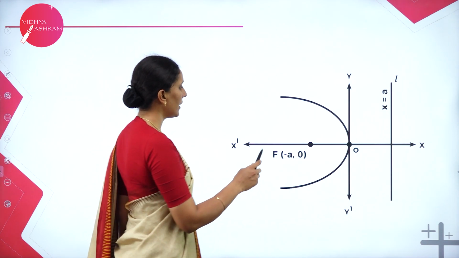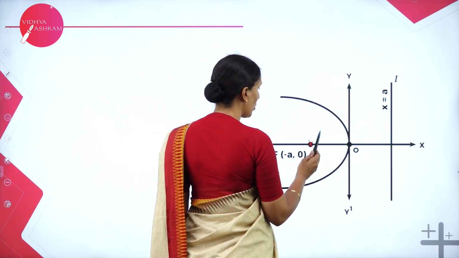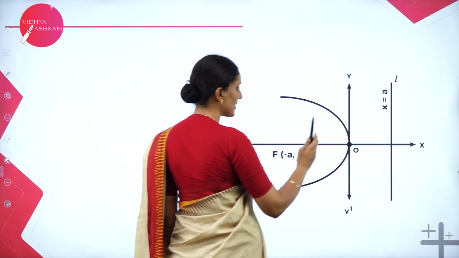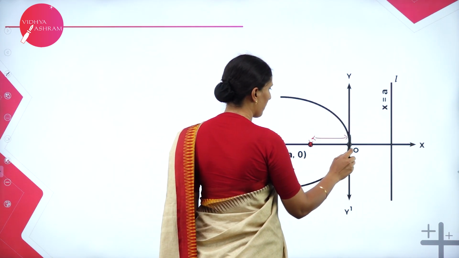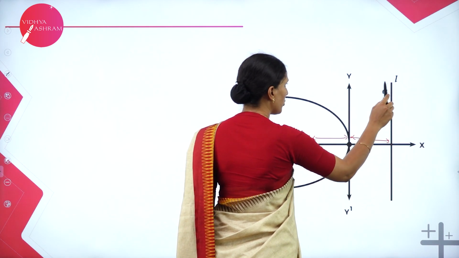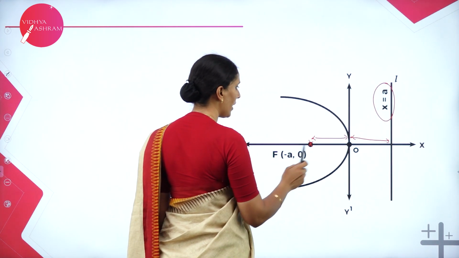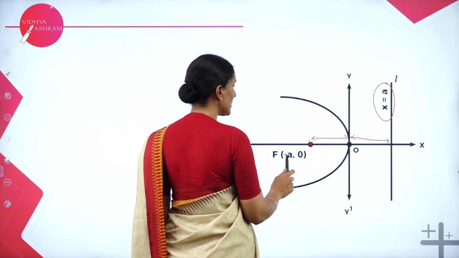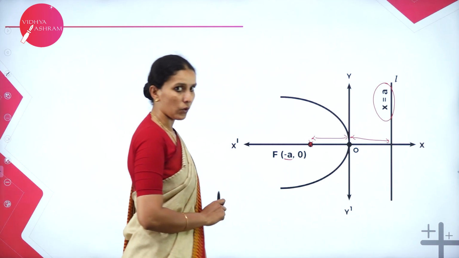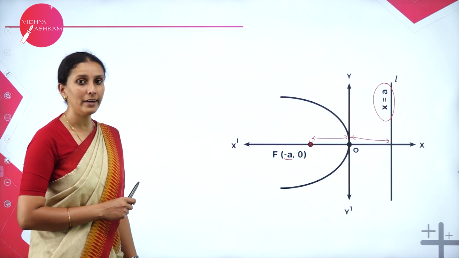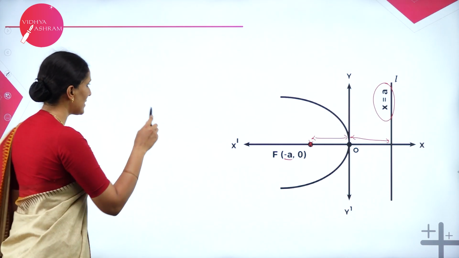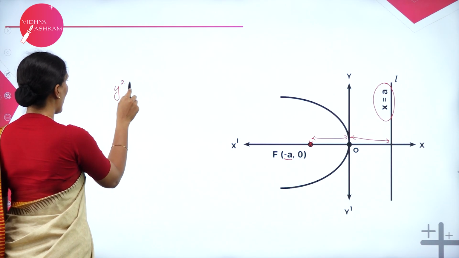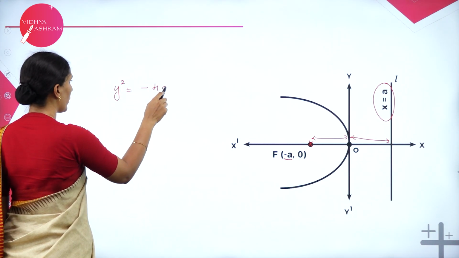Here you can clearly see the focus lies on the negative side of the x-axis and the directrix on the positive side. Since the distance is the same, the equation of the directrix is x is equal to a, whereas the coordinates of the focus are (minus a, 0). This is the left-handed parabola, or parabola towards the left side. The standard equation of this type is y square is equal to minus 4ax.